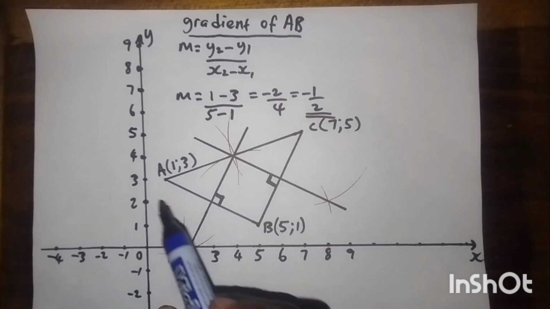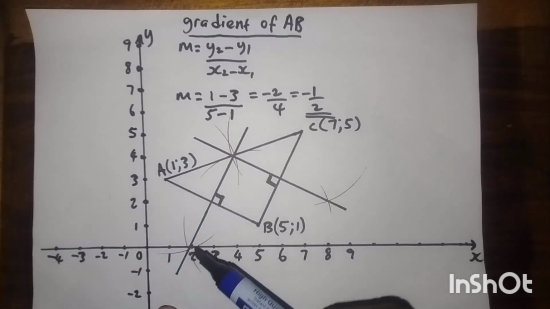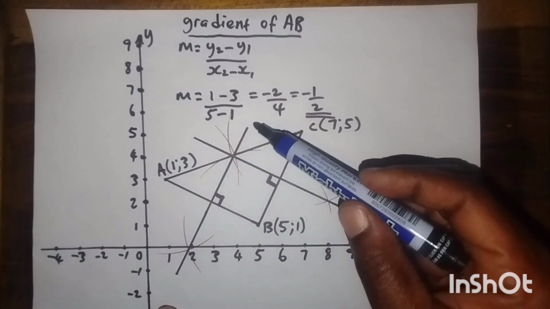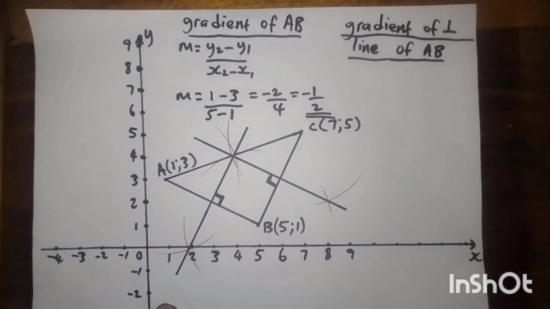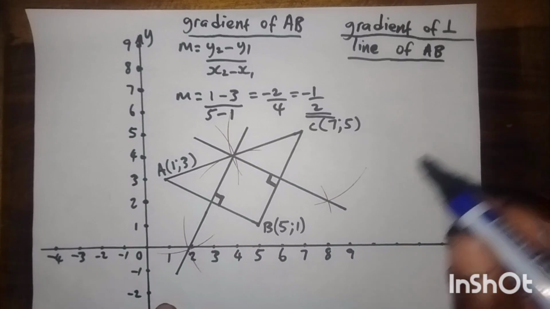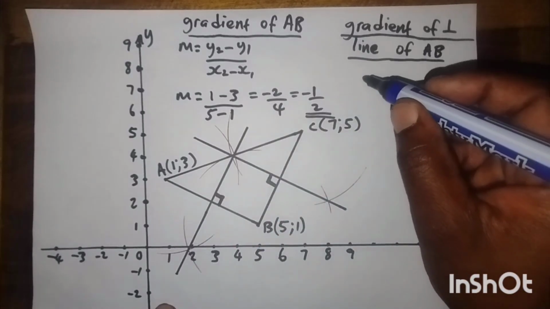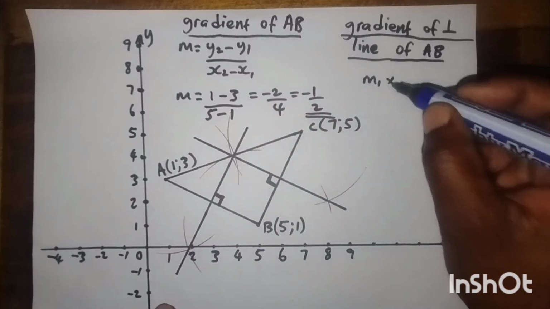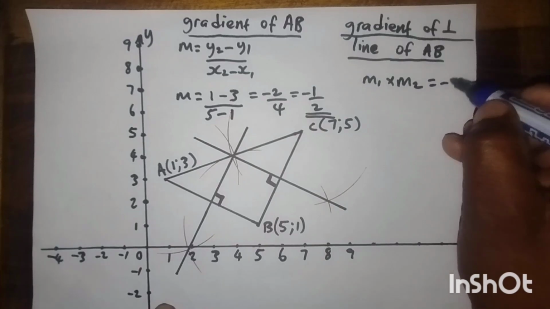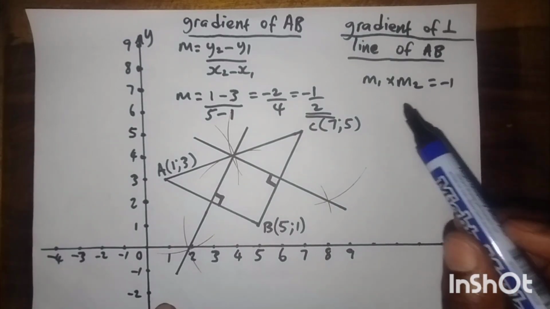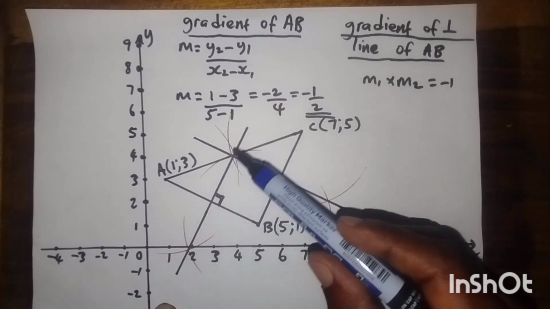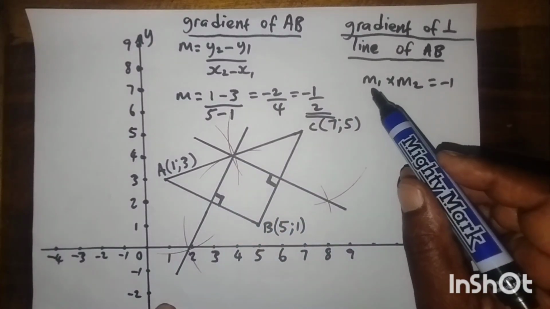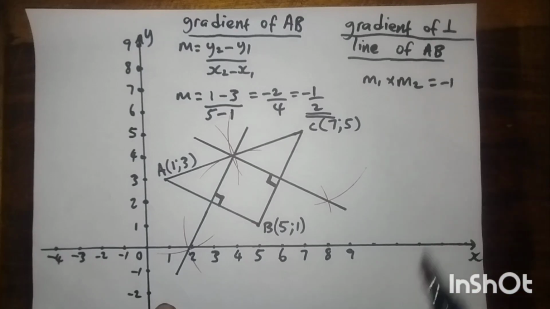After finding the gradient of AB, I must find the gradient of this perpendicular line of AB, okay? So let's proceed. To find the gradient of the perpendicular line of AB, which is this one, I'm going to use this property, m1 multiplied by m2 equals minus 1. So m1 is the gradient of AB and m2 is the gradient of the perpendicular bisector of AB. The product of the gradients of perpendicular lines equals minus 1.